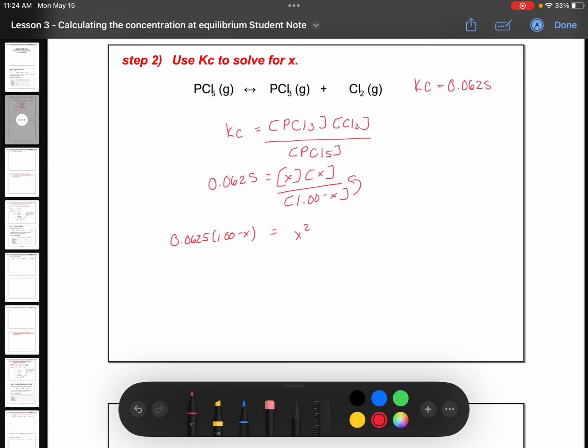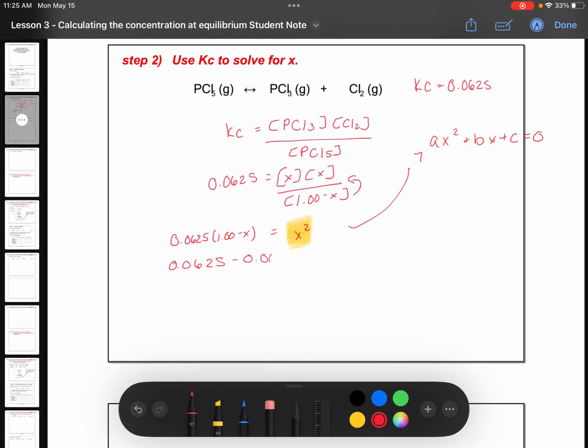And then on the left side is 0.0625, and then in brackets, we get 1.00 minus X, and that stays in the brackets. So this X squared right there is forming the quadratic equation. And remember, our quadratic equation is ax² plus bx plus c equals 0. So if we get this x squared, we know we're going to be using this case. Okay, we're going to be using the quadratic method.